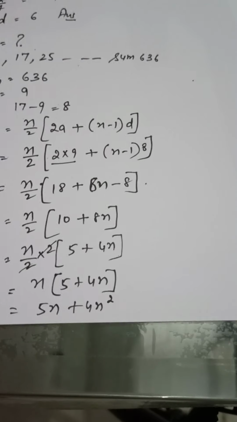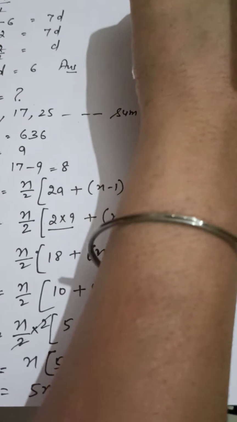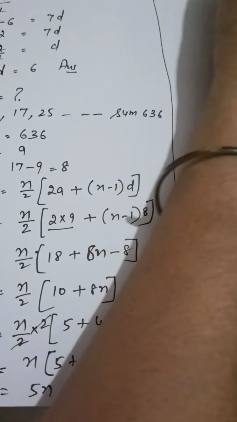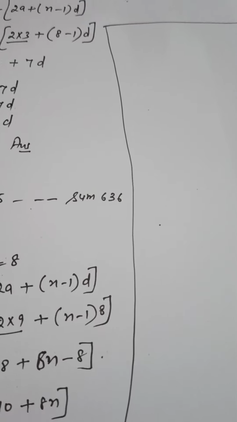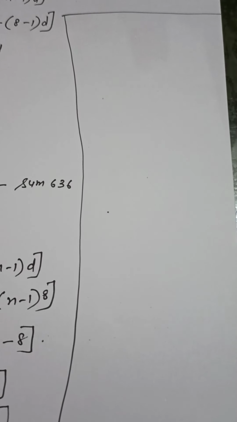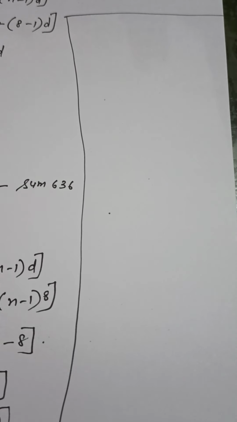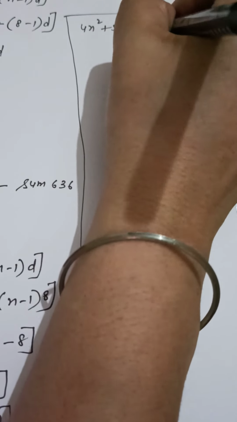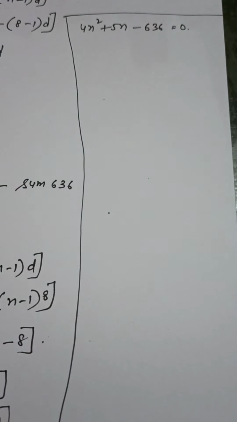Now this will be converted into a quadratic equation. How to convert into a quadratic equation? We will keep all these values on one side. That becomes 4n square plus 5n minus 636 is equal to 0.